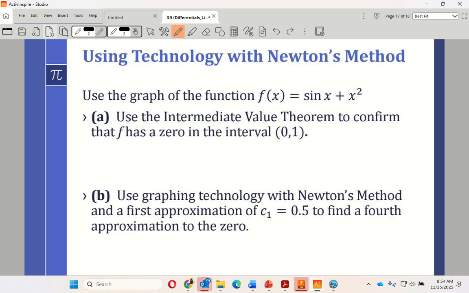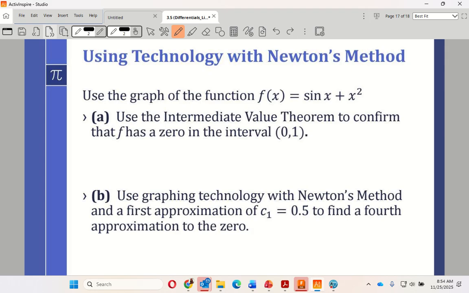Now, to confirm that it has a 0 between 0 and 1, what's got to happen? Crosses. Okay, but mathematically, I would do what? It's got to have what? There we go. Positive and negative. So it's got to cross there. So the intermediate value theorem says that there's going to be a 0 in between there.